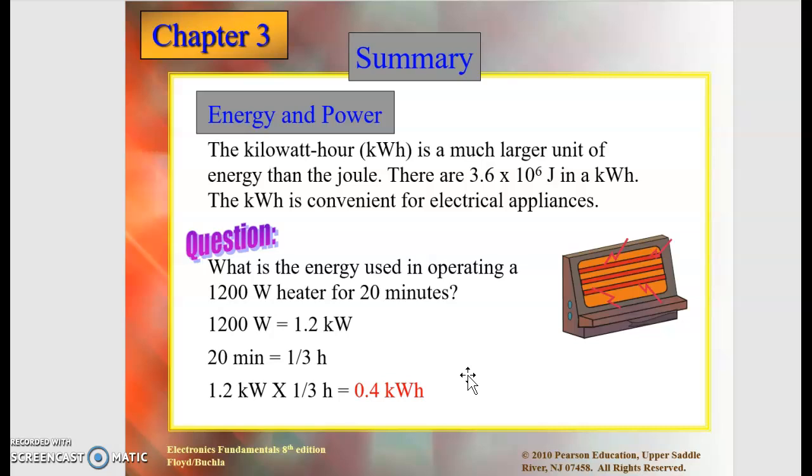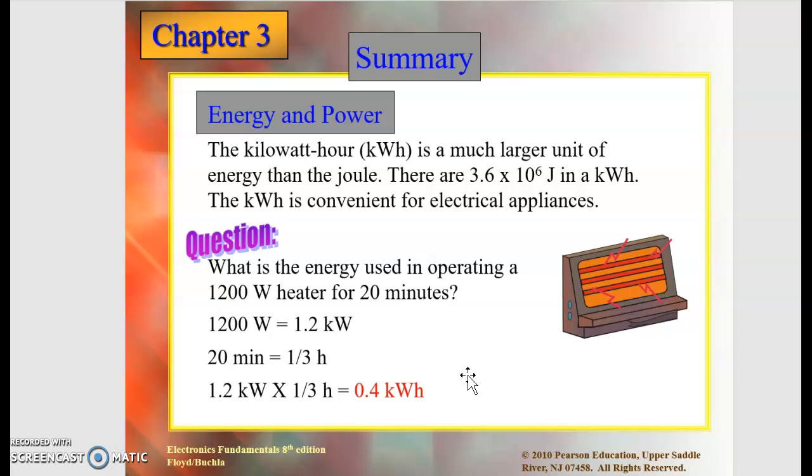So here is the example. What is the energy used in operating a 1200 watt heater for 20 minutes? Okay, so here is the trick. You have to first take the watts into kilowatts, which means you divide by 1,000.